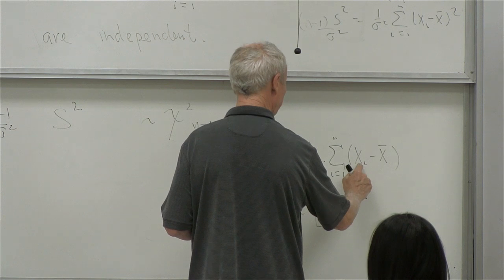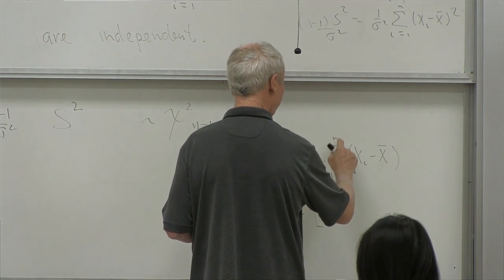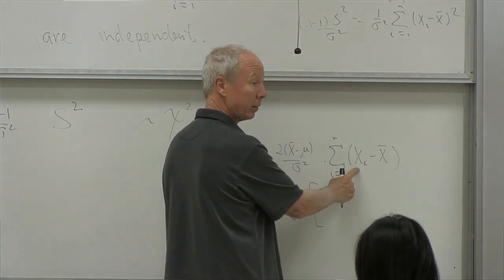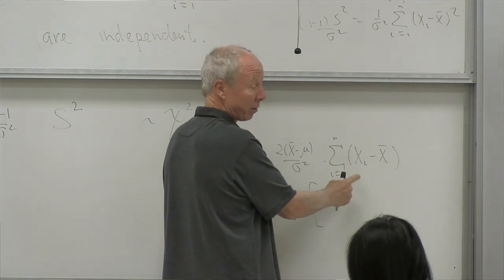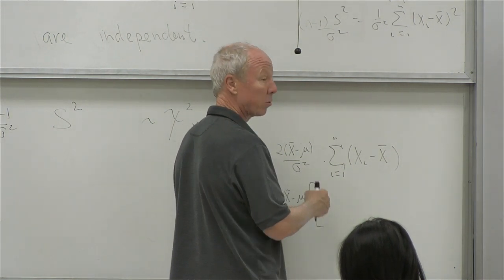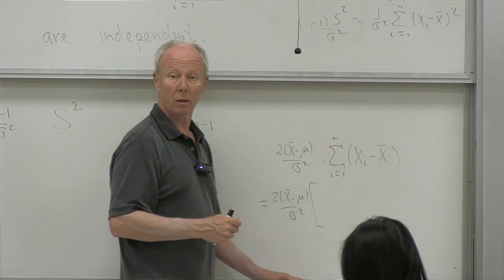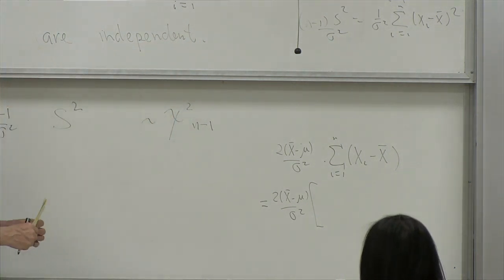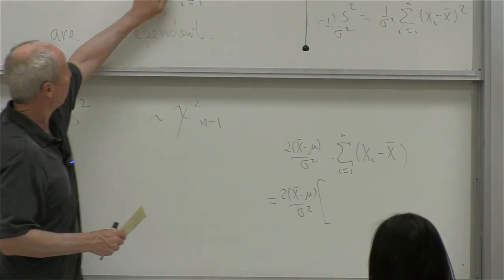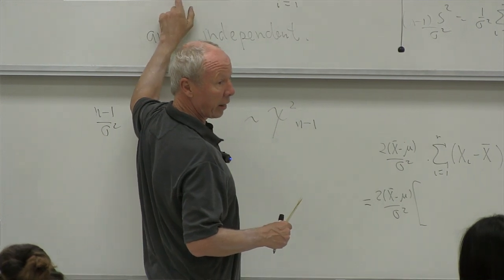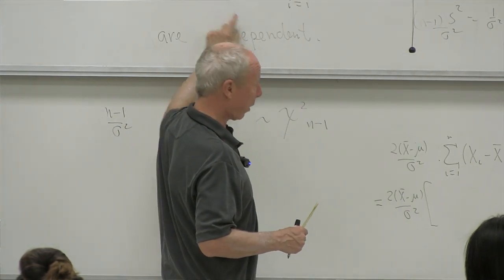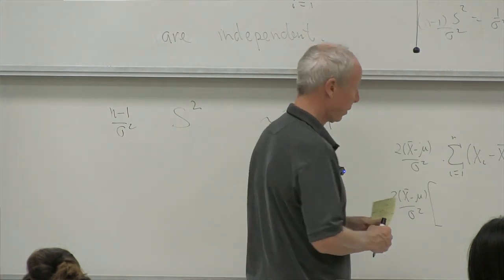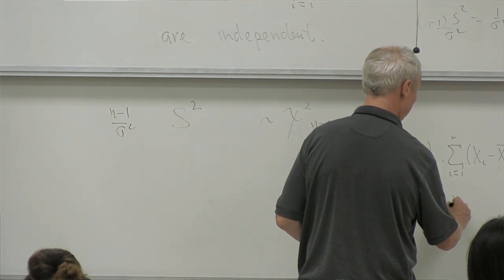Because when we sum this part, we get the sum from i equal 1 to n of xi. How is that related to x bar? That sum is n times x bar. So when I sum this up, I get n x bar.